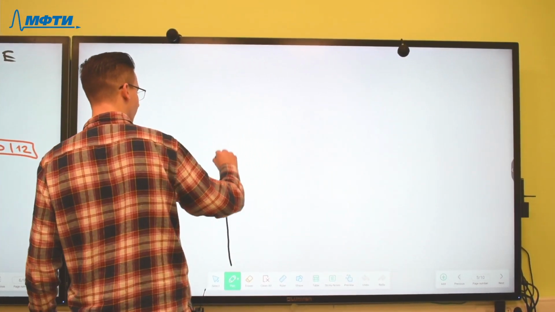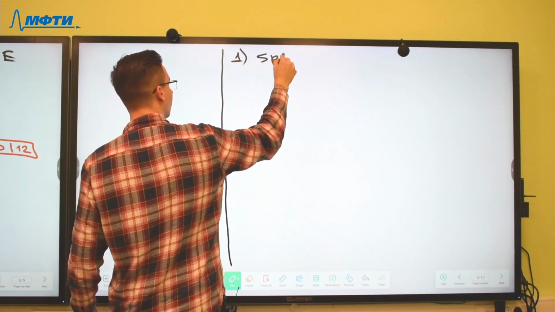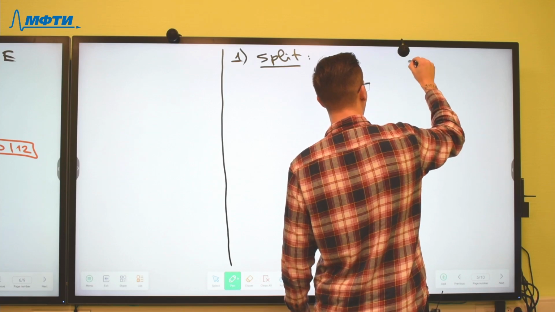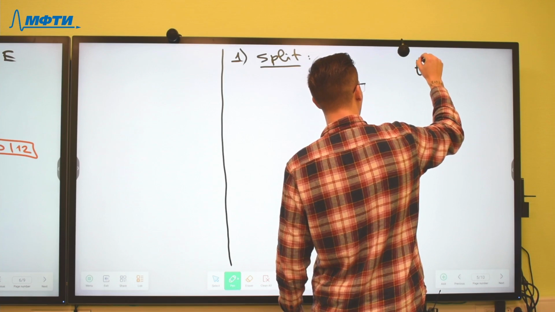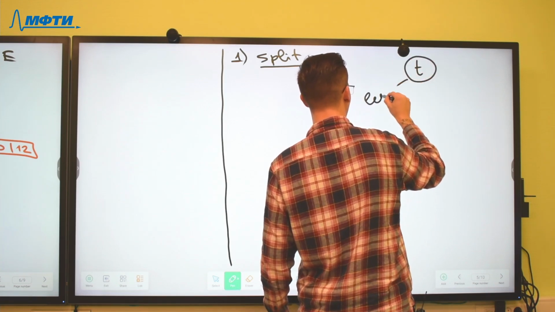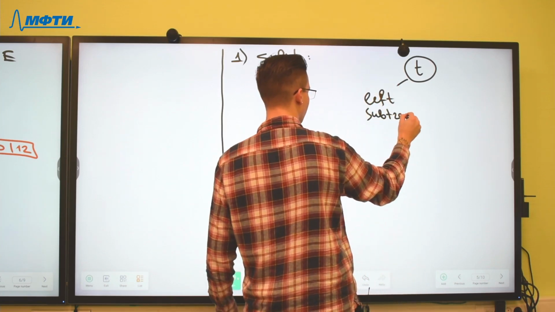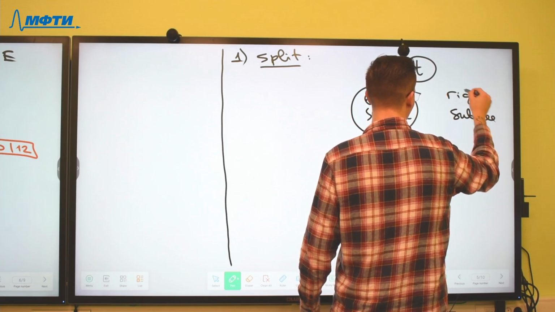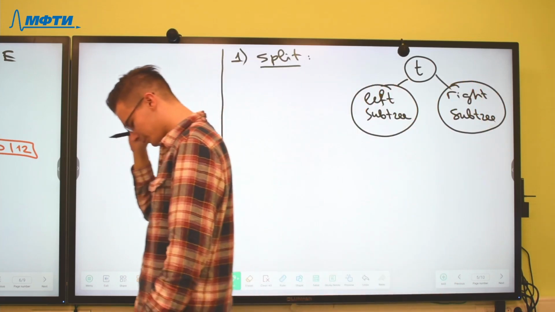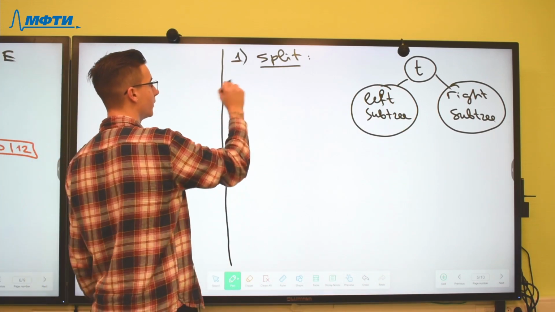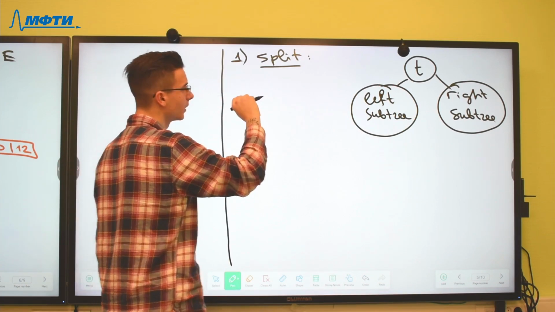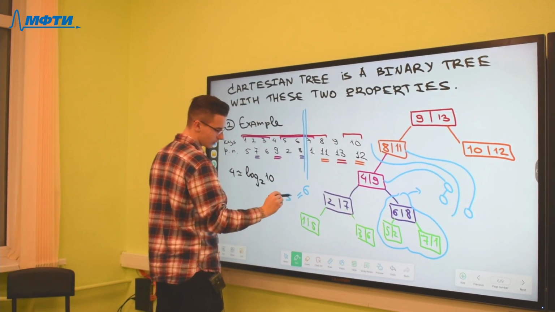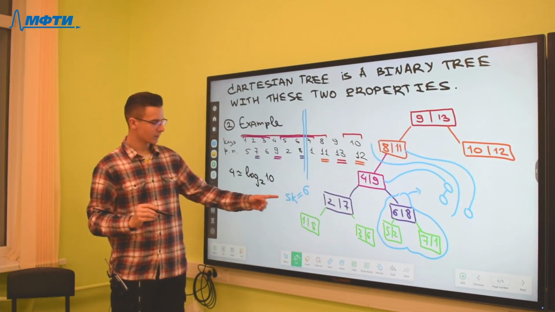Okay, so if we make an algorithm: if we have this treap, and we have a key, I name it the splitting key.